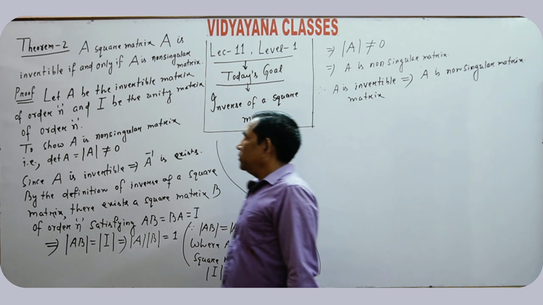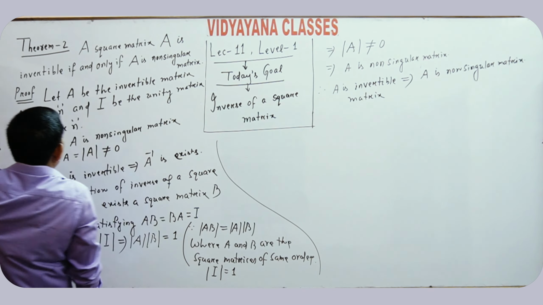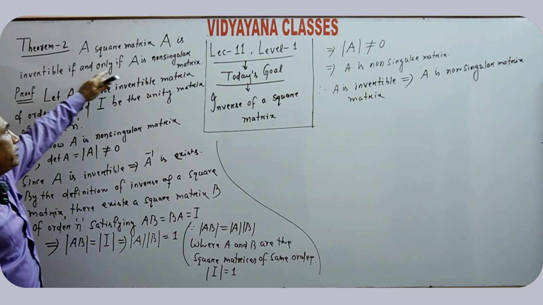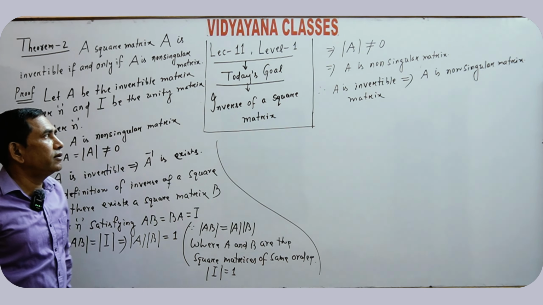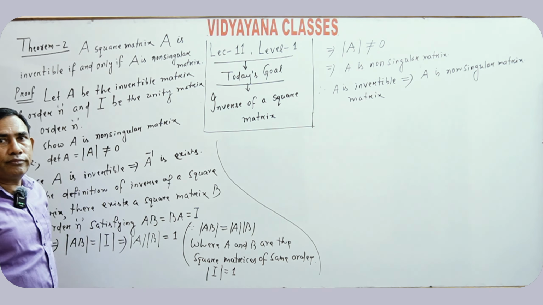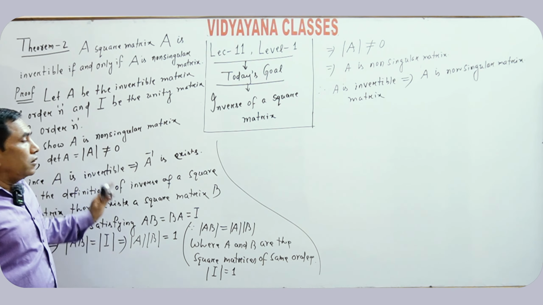Case 1 is proved. The first part is proved. A is invertible implies A is non-singular. Clear? Okay.